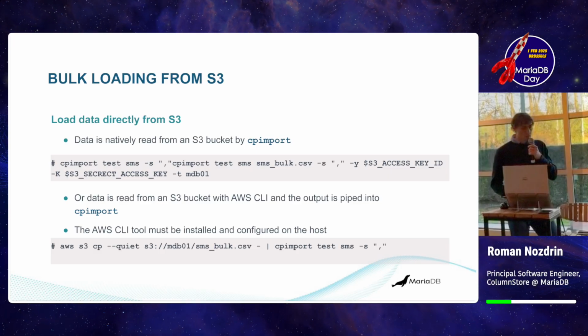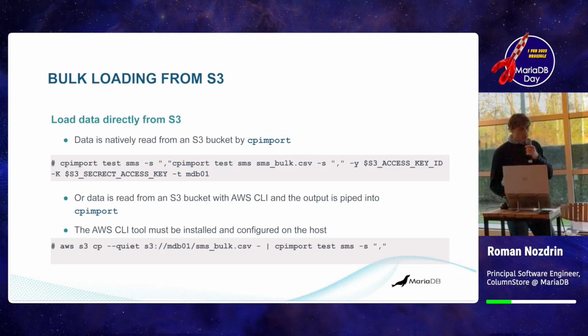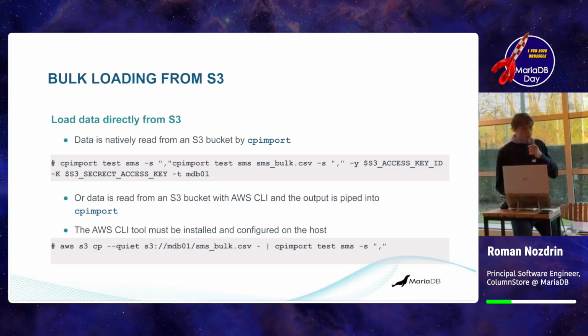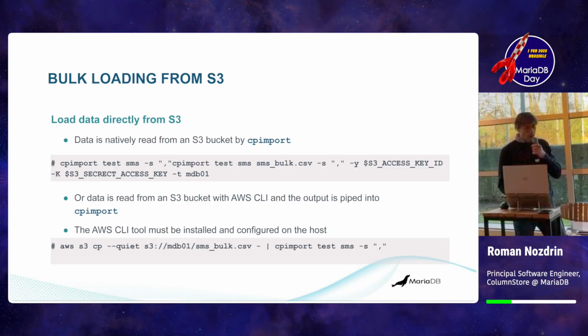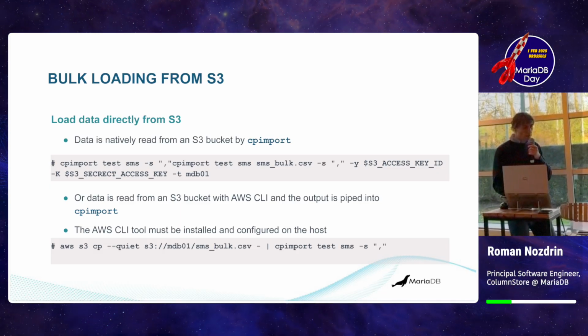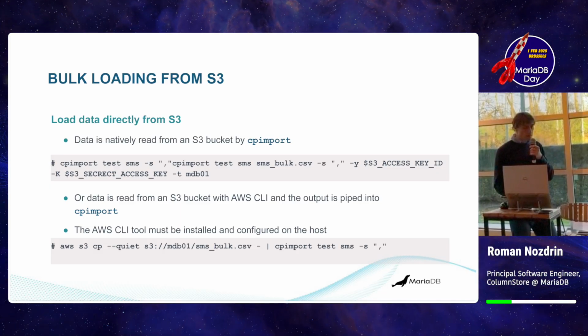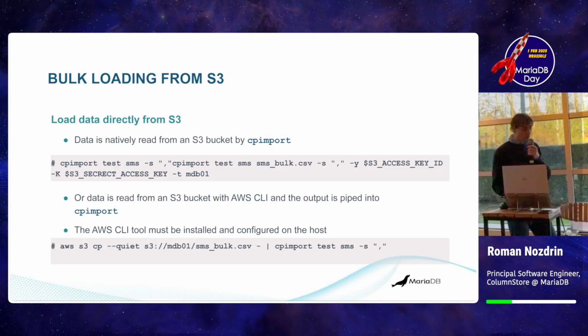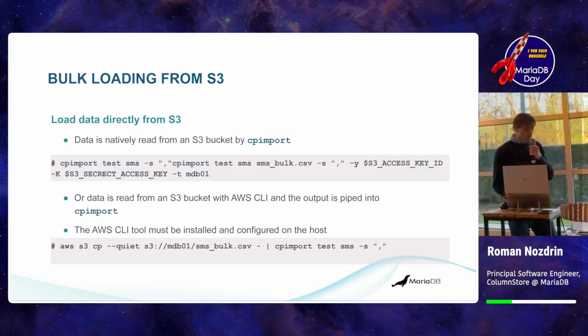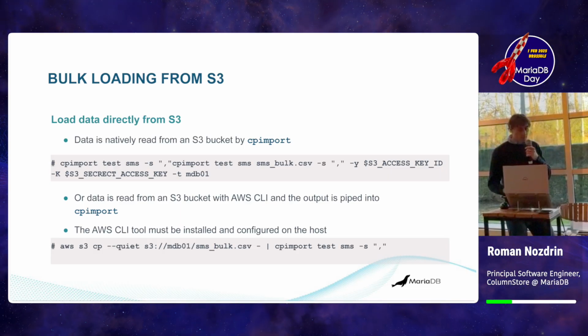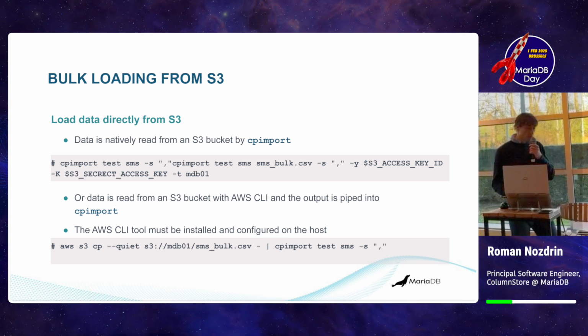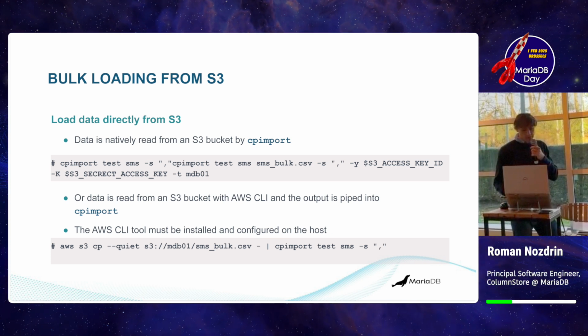And you can use the data stored there to ingest it into Columnstore directly, either using the cpimport native support for S3, or piping out the output of the AWS tool itself. So you can ingest the data that is stored on S3 as well.